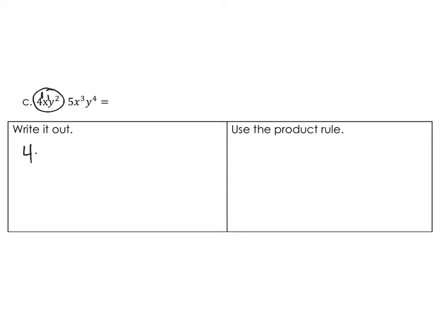This x also has an exponent of 1, so I'm going to put 1x. And the y had 2 y's because it was y squared. Okay, then I have times 1, 5, 3 x's, and 4 y's.